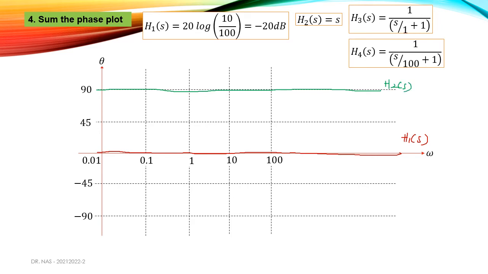And then you have a pole at 1, so at 1 it must be negative 45 degree, extended before and after, and the rest will be 0.